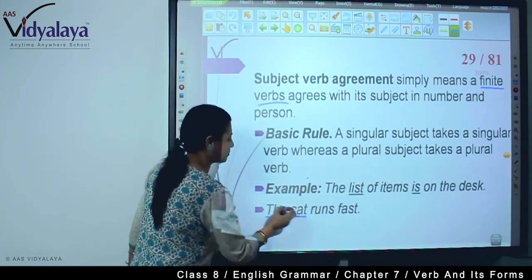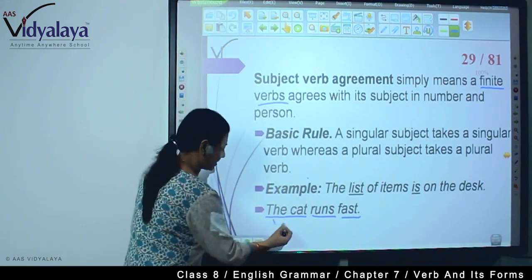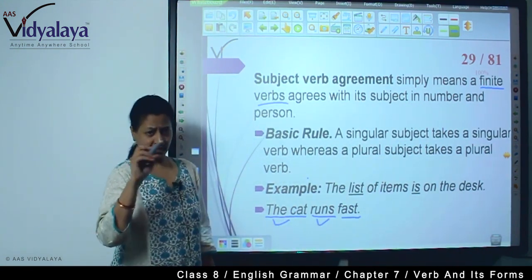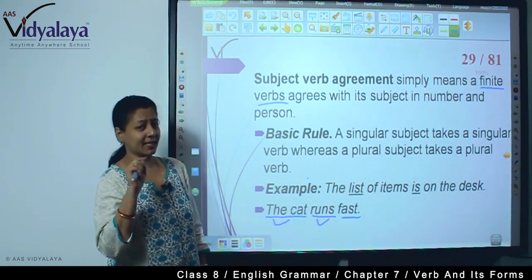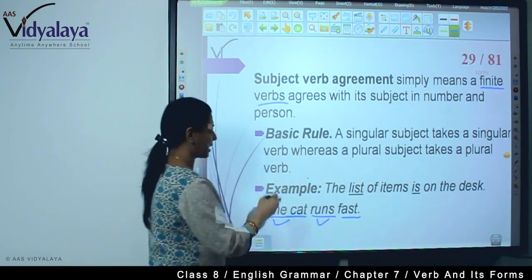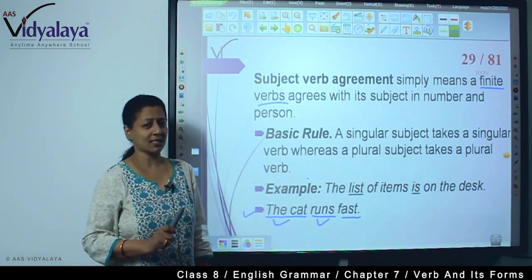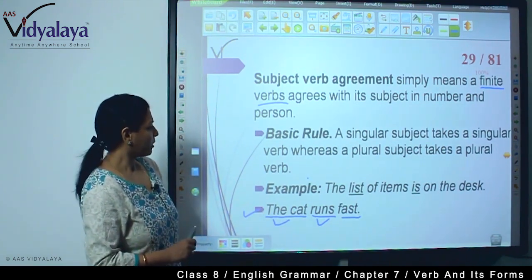Now, a singular subject takes the singular form of the verb. Singular is the cat, and so the verb is runs. The basic verb is run, and you will have to add s. And then fast. So, the cat runs fast. This is a basic rule. If the subject is singular, you will have to use the singular form of the verb.